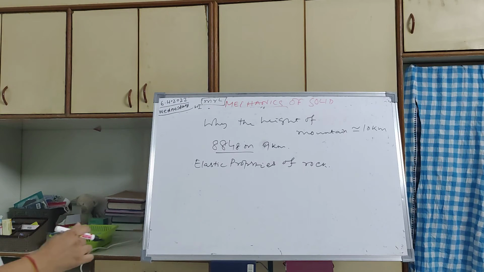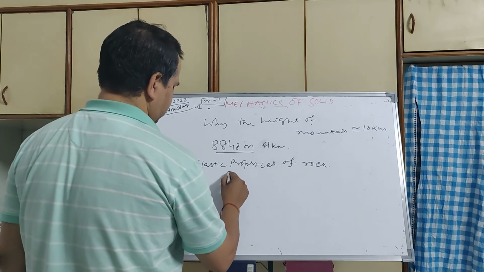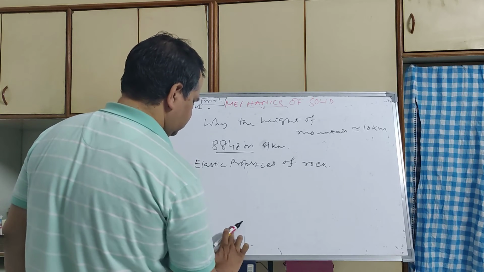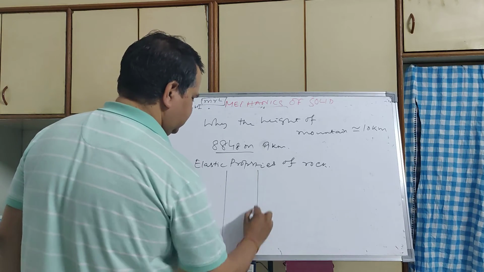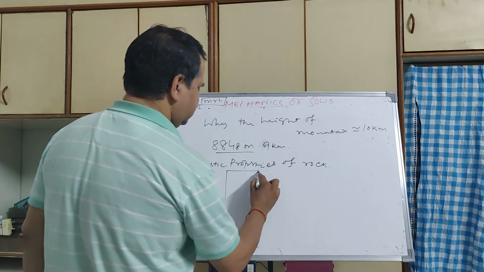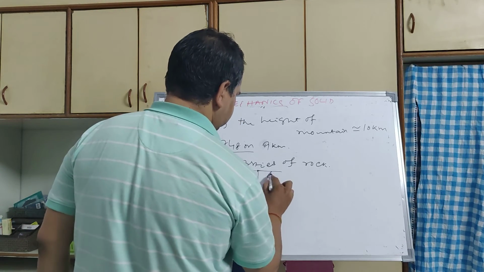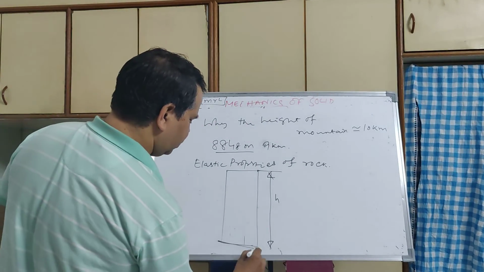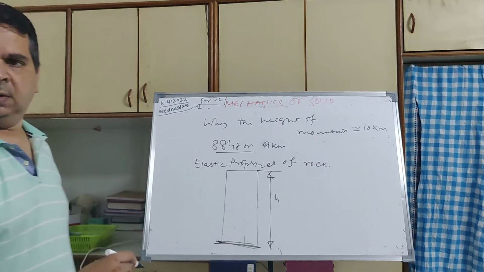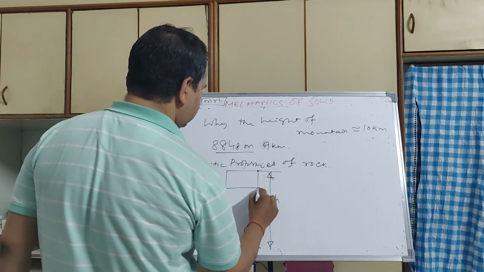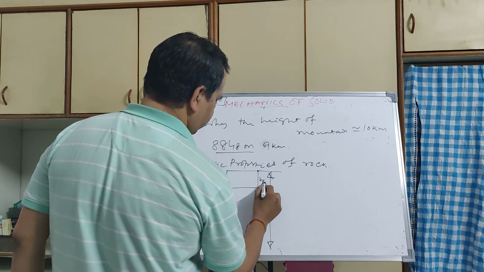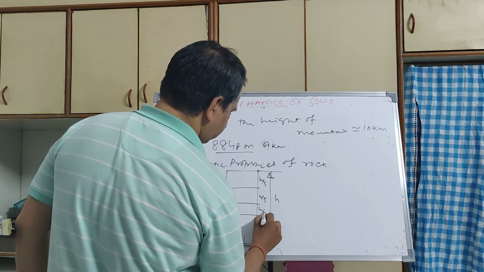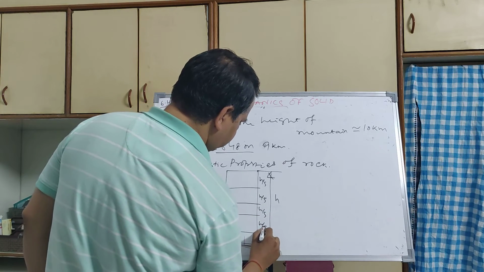So what is happening? Let us say you have a rock, just imagining this is a rock, and let us say this height is H. The load acting at the bottom: let us divide it into sections of h by 5 each.